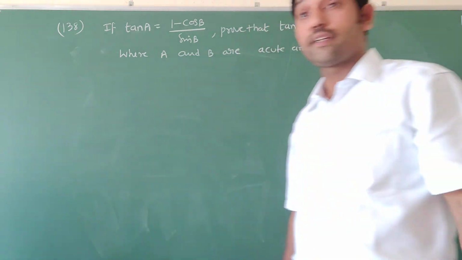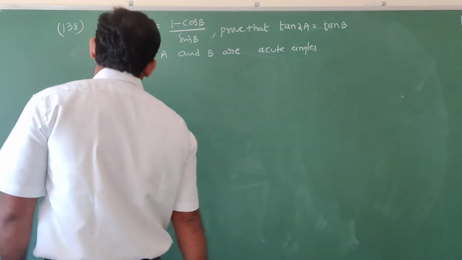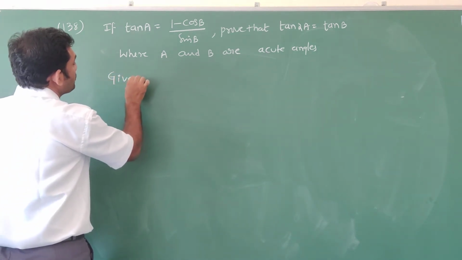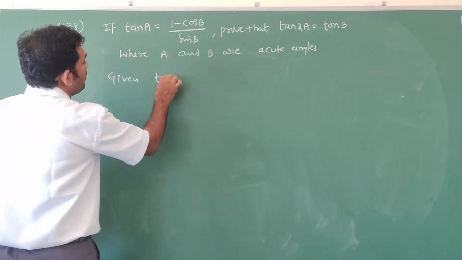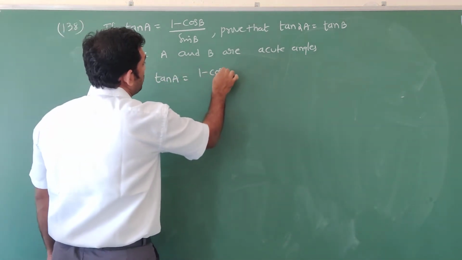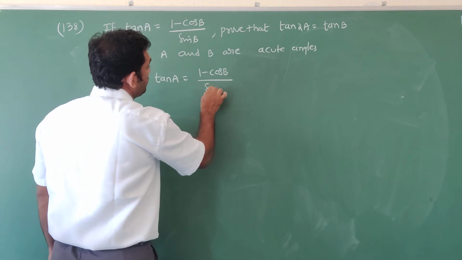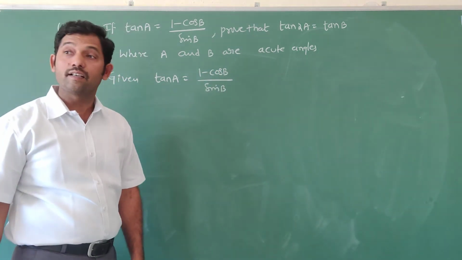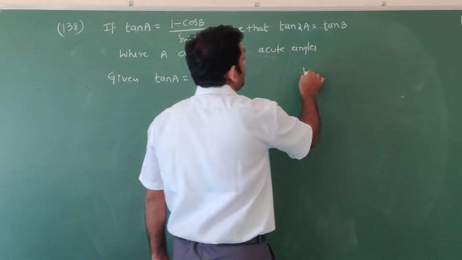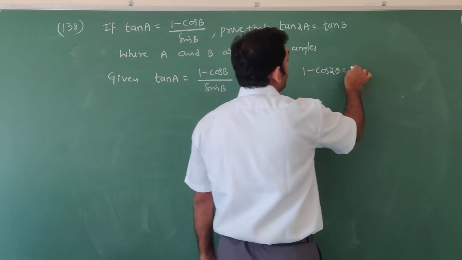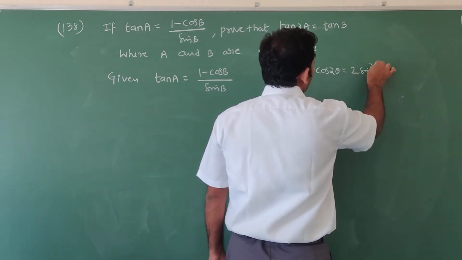This is also an important bit. Listen. Given tan A equal to 1 minus cos B divided by sin B. We have formulas: 1 minus cos 2 theta, what is our formula? 2 sin square theta.